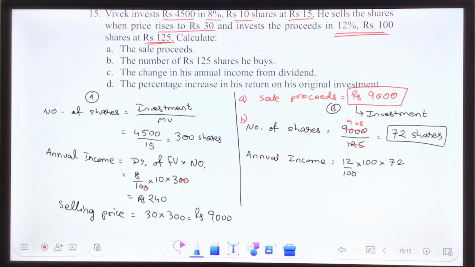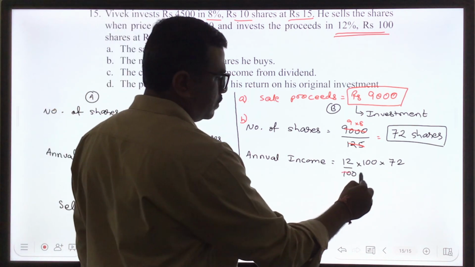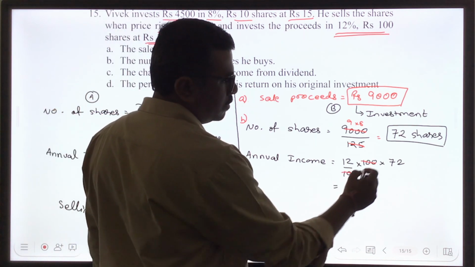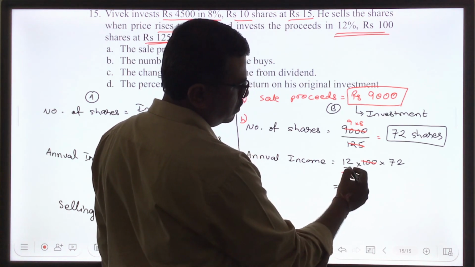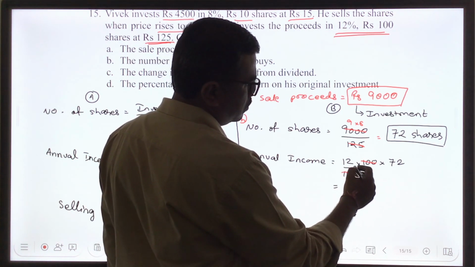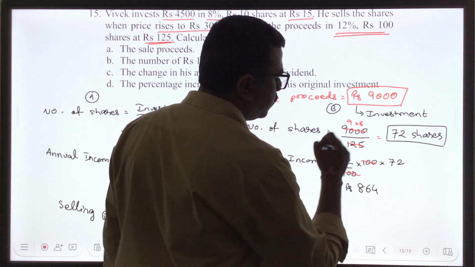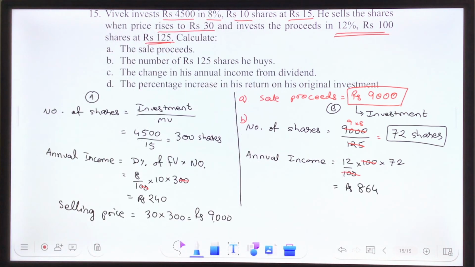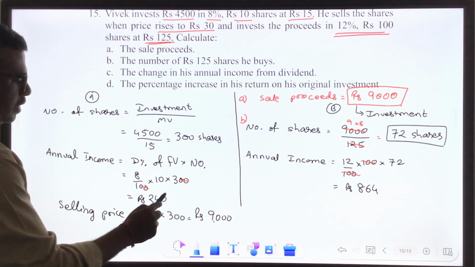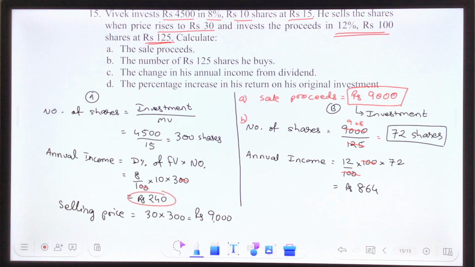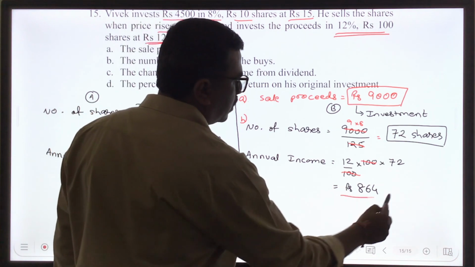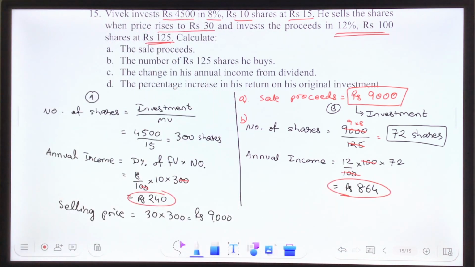So reducing this, we get rupees 864. So company A annual income is 240. Company B annual income is rupees 864.